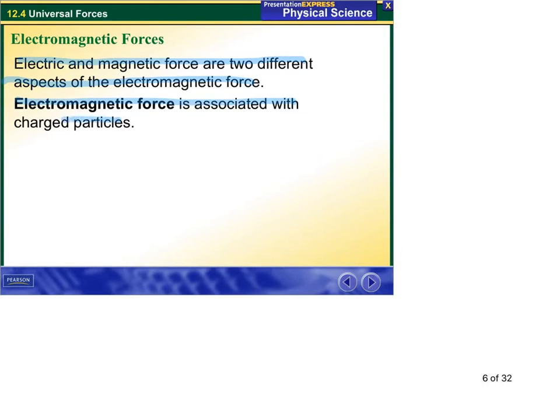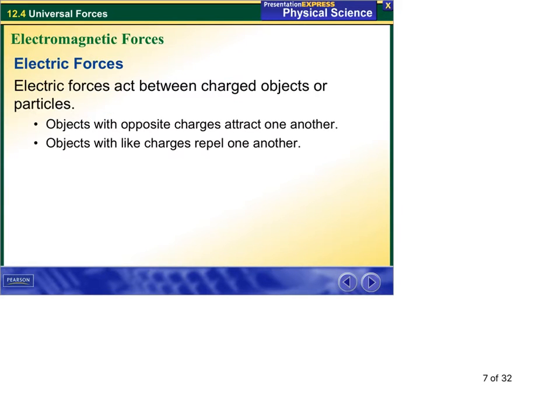And this is always going to be associated with charged particles. Electric forces act between charged objects or particles. And as you've seen before, objects with opposite charges attract and like charges repel.